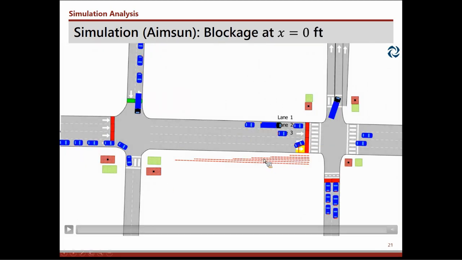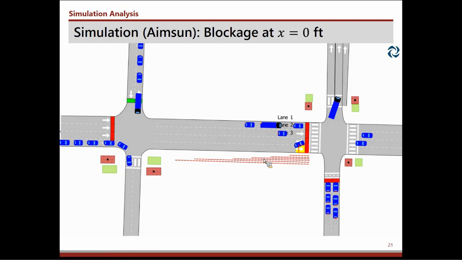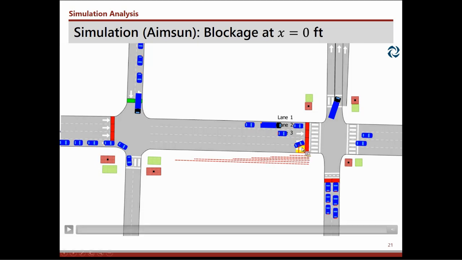And freight deliveries are not a built-in feature of AIMSUN, but you can define an incident and you can place it in any location that you want. So for example, when we wanted a freight delivery to be represented at the intersection location itself, we could draw a little red box here, right up at the intersection in that right lane. And this was a blockage that represented our simulation of a freight delivery.